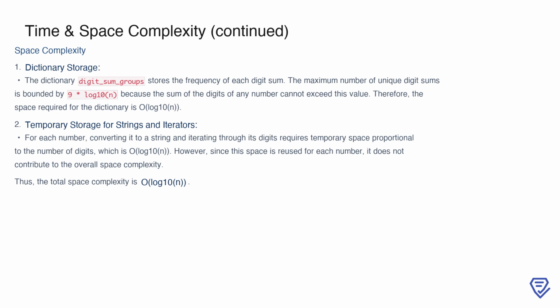Additionally, there is temporary space used during the digit sum computation. Converting a number to a string and iterating through its digits requires space proportional to the number of digits in the number, which is O(log10 n). However, since this temporary space is reused for each number, it does not add to the overall space complexity. Combining these factors, the total space complexity is O(log10 n).